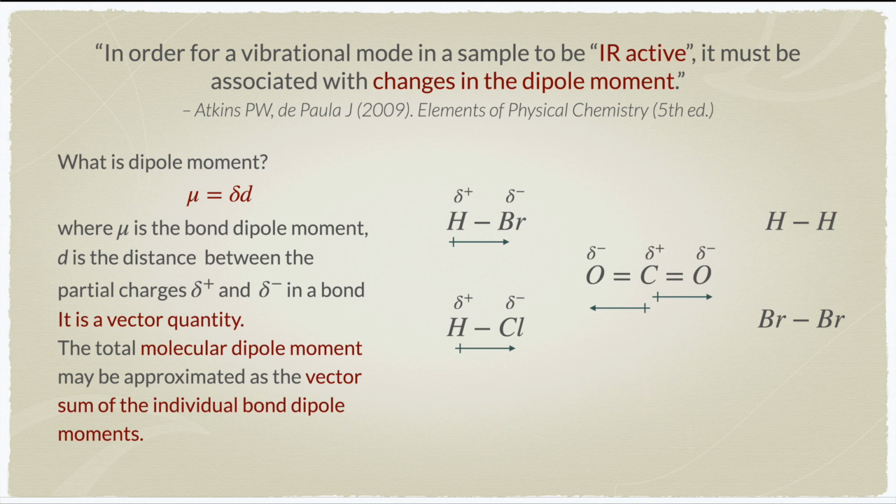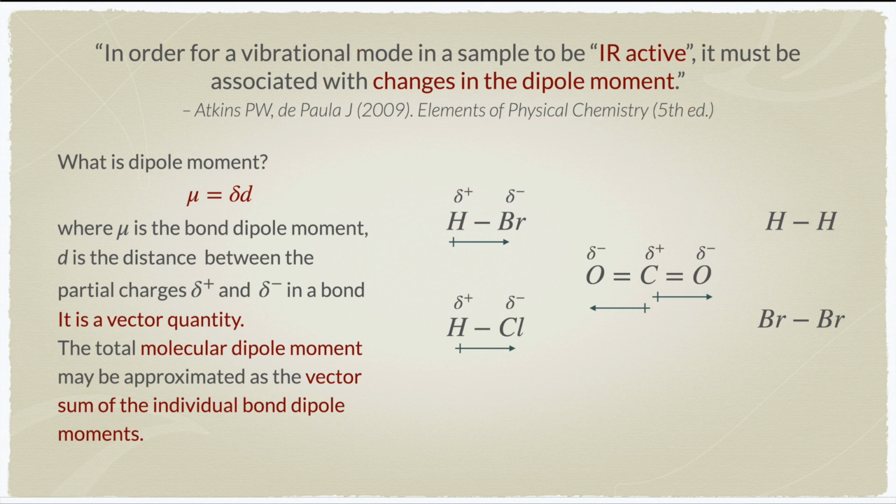But all simple diatomic molecules like hydrogen, bromine, chlorine, nitrogen, oxygen, these molecules will not be IR active. Now some molecules may not have a dipole moment as a molecule, but they can be IR active if any of the stretching will lead to changes in the dipole moment.